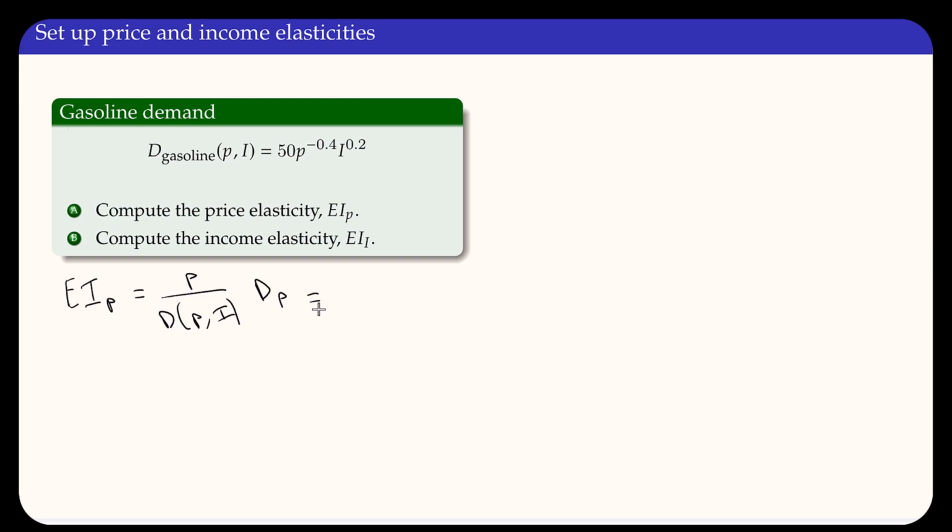Now we can use the function itself. So we're going to have P for price divided by 50P to the power of negative 0.4, I for income to the power of 0.2. And we're going to multiply this by D subscript P. So I want to take the derivative of our demand function with respect to P. We can do this in parts.